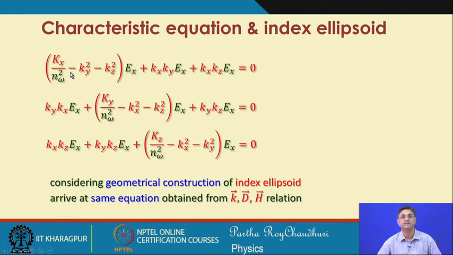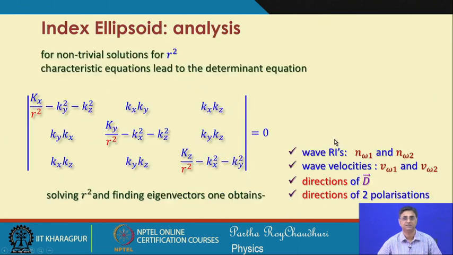So, we get this equation which is the same equation that we obtained from the characteristic matrix equation. But this time we have obtained this equation using the geometrical construction of the index ellipsoid, and we arrive at the same equation in terms of KDH relation.